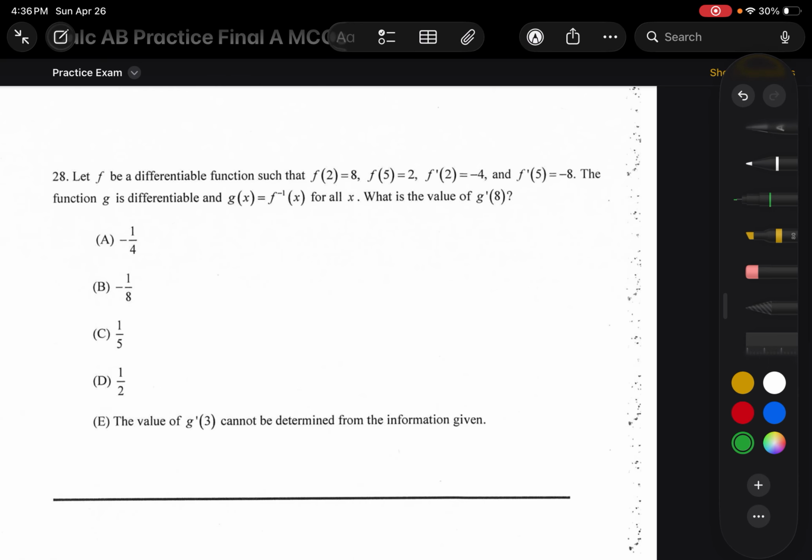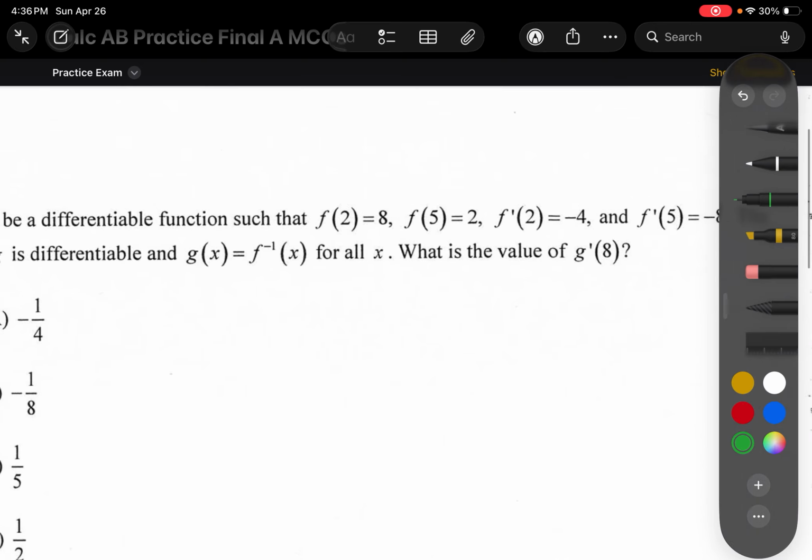Now let's focus on question number 28. Let f be a differentiable function such that f of 2 is 8, f of 5 is equal to 2, f prime of 2 is equal to negative 4, and so on. And then it's saying that the function g is differentiable and g of x is equal to the inverse of f for all x. What is the value of g prime of 8?